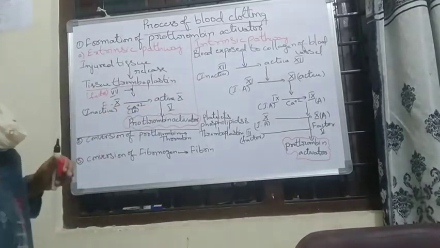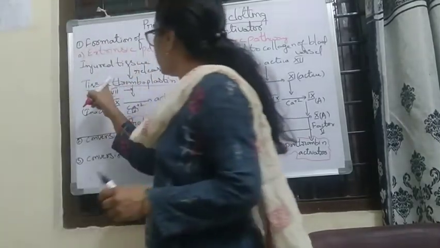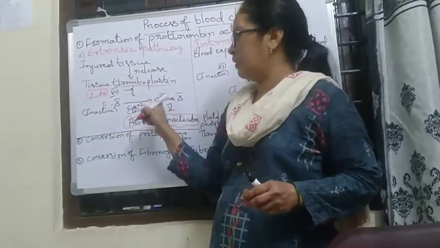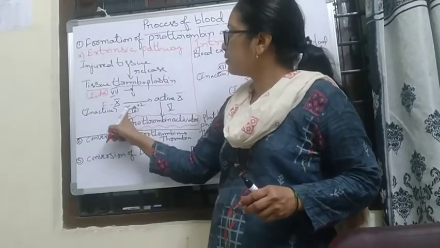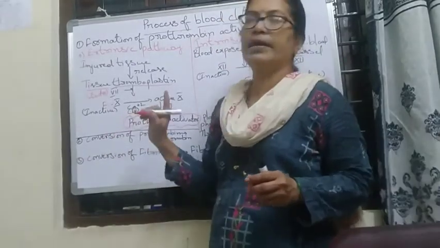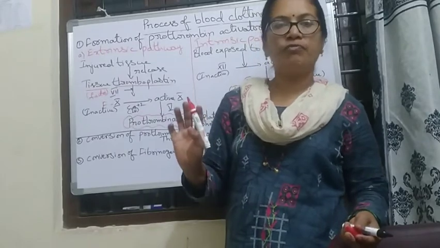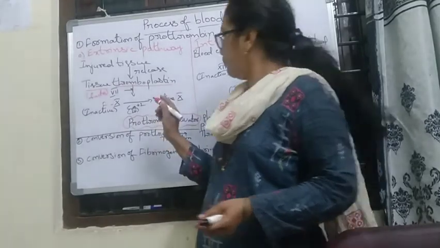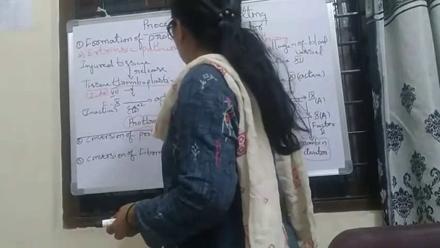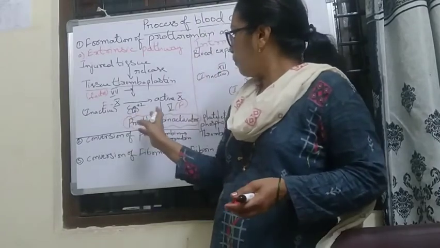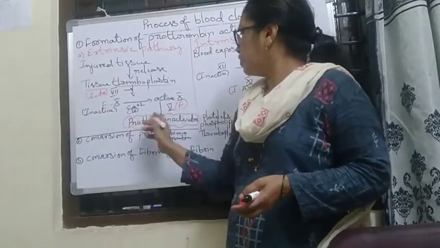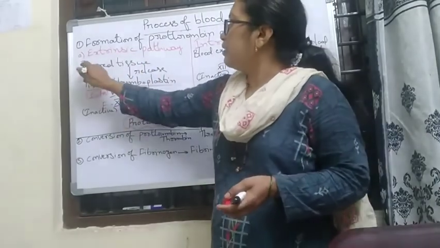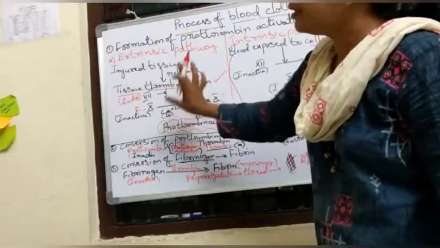Tissue thromboplastin converts the inactive factor 10 to the active one, and the calcium ions, also called factor 4, also help. Calcium ions are factor 4. That active factor 10, in the presence of factor 5, makes the prothrombin activator. This is the extrinsic pathway in the injured tissues.